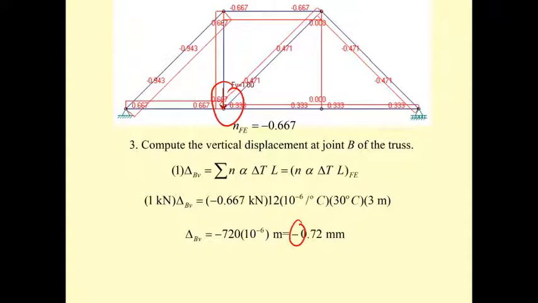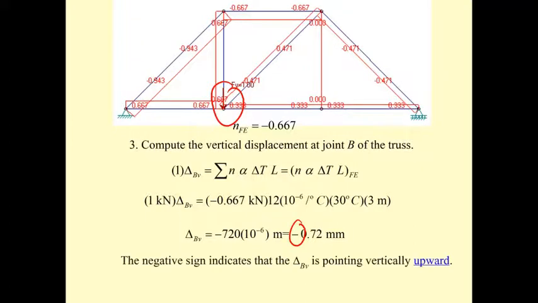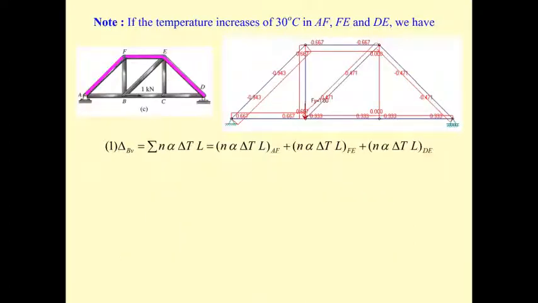Okay, as I said before, the temperature change, the hot surface of the roof helps the truss to deflect upward. That helps to reduce the deflection due to the dead load and live load, or the gravity load. If there is temperature change in 3 members, don't worry.